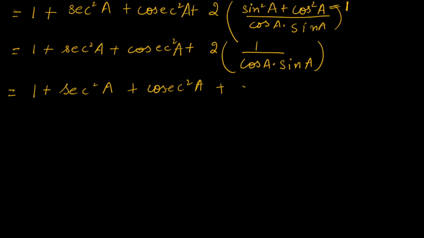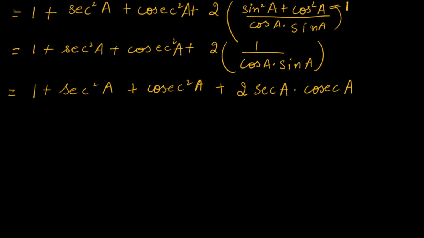So what will we get? Secant A and cosecant A, because 1 by cos is secant and 1 by sin is cosecant. See, I got this: 2 secant A into cosecant A, and 1 also I got.